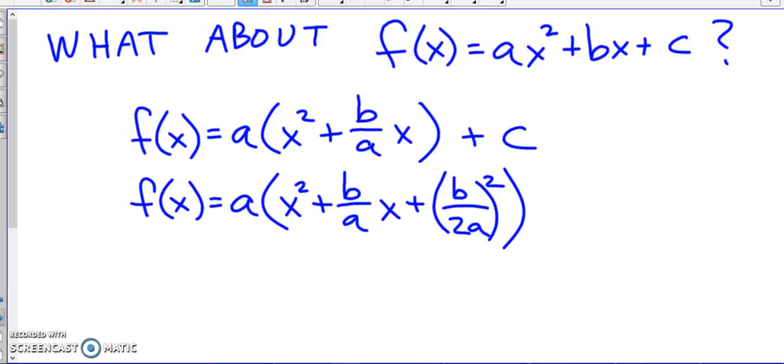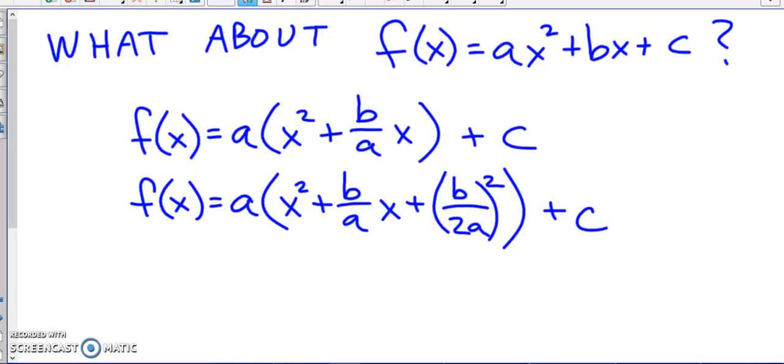And normally we would add that to both sides, right? But it doesn't make a whole lot of sense to do f of x plus something. So I'm going to both add and subtract that on the same side of the equation. The only issue is when I square this out, I do have to distribute this a to it technically. So when I square this out, this would be b squared over 4a squared.